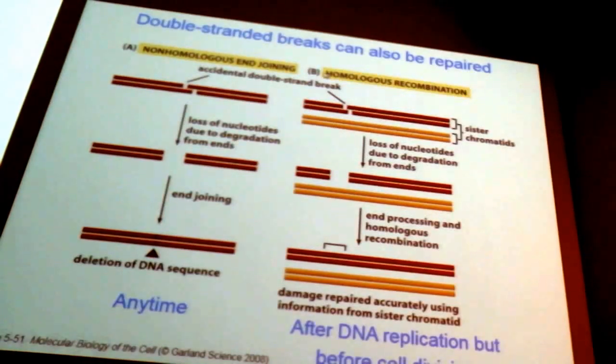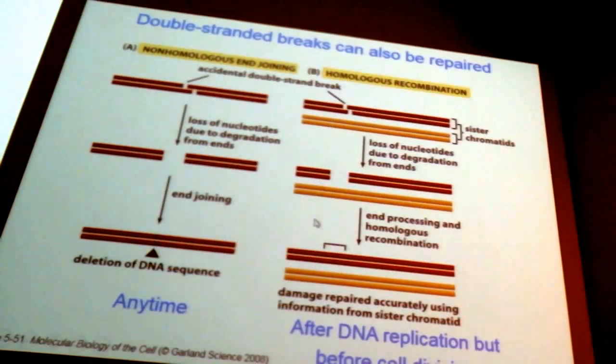These two get processed in different ways. If you don't have anything that is precisely homologous for you to copy from, the only way is to say, okay, I'm going to lop off some sequences, seal it, and hope nothing bad happens. So the cell can do this called non-homologous end-joining, because not using any homologous sequences, and that can happen at any time.